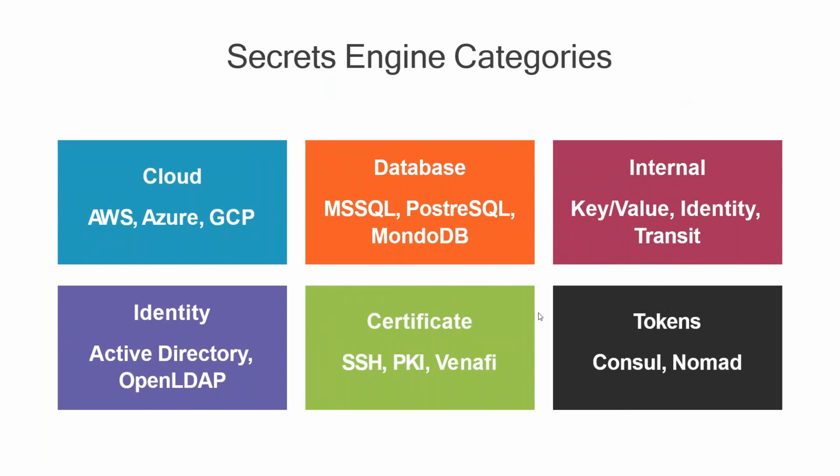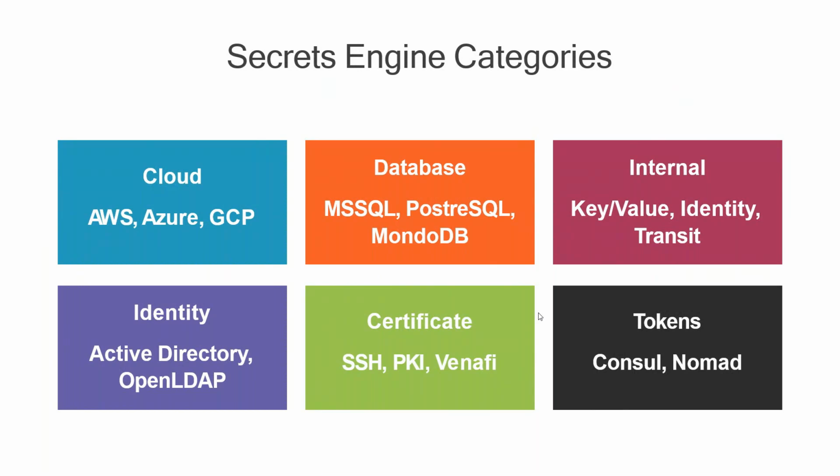Key and value is one, identity is another one, and transit is another one. We have third-party identities also, like Active Directory and LDAP, OpenLDAP. You can use SSH and Venafi also, and for some token-based secrets you can use Consul and Nomad.